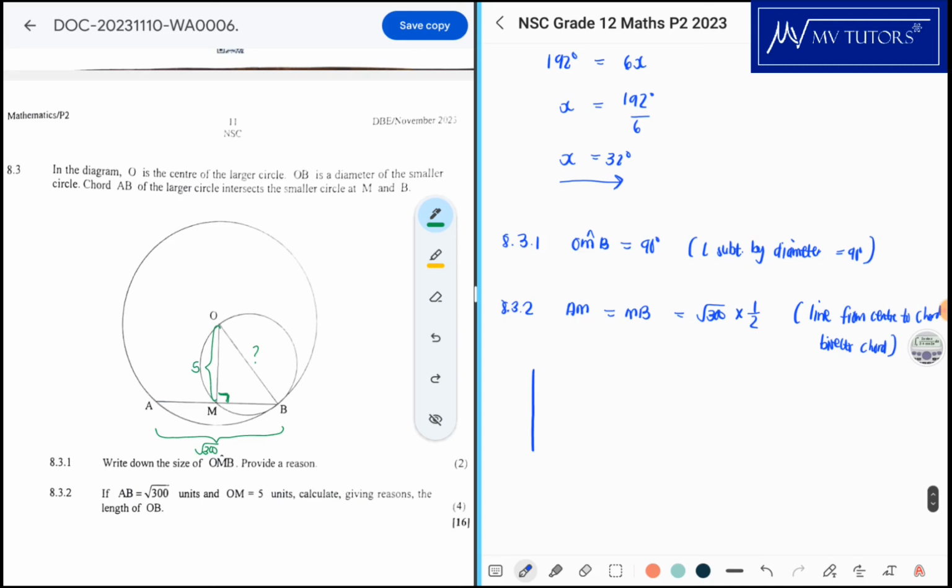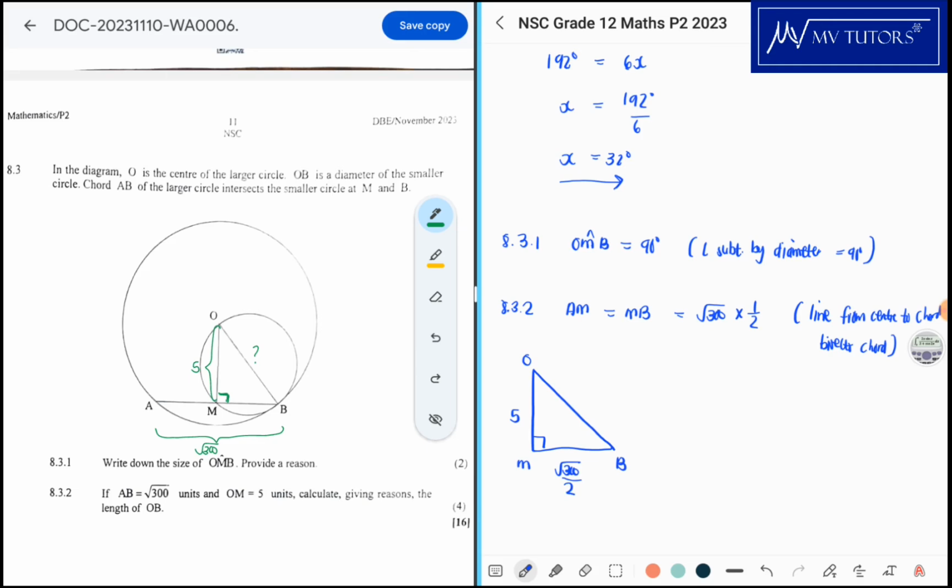So now I have my right angle triangle. Okay, and did they say 5 units or 5 meters? It's 5 units. So that's OMB. So OM is 5 units, and then MB is root 300 over 2. And we're looking for OB.